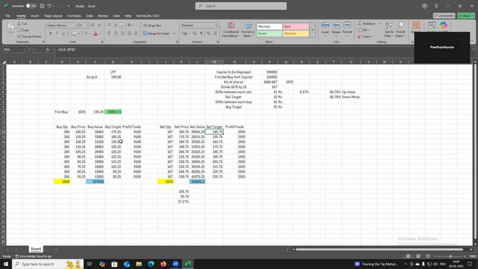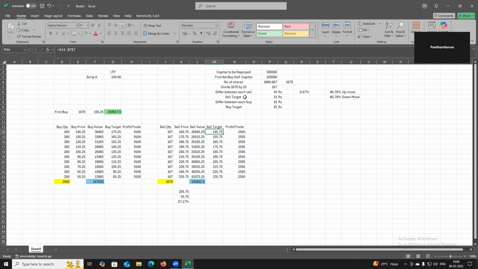Suppose after buying at 140, it went to 130, 120, and then it bounced back. Then as it goes to 155, you will book your profit from the stocks that you have bought at 120, and you will be getting 9,100 rupees profit. Since you are keeping a higher target and the higher quantity, your profit in the buy will be more as compared to the profit in the sell.